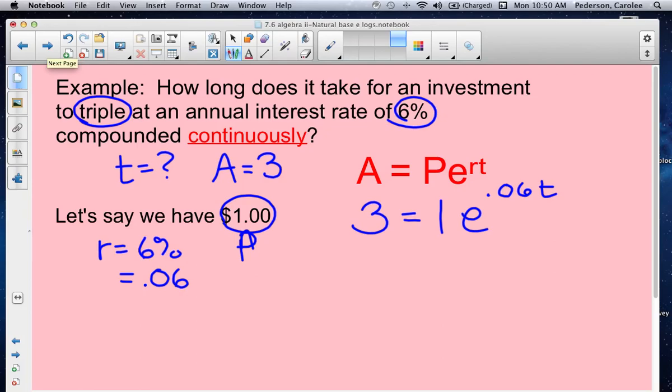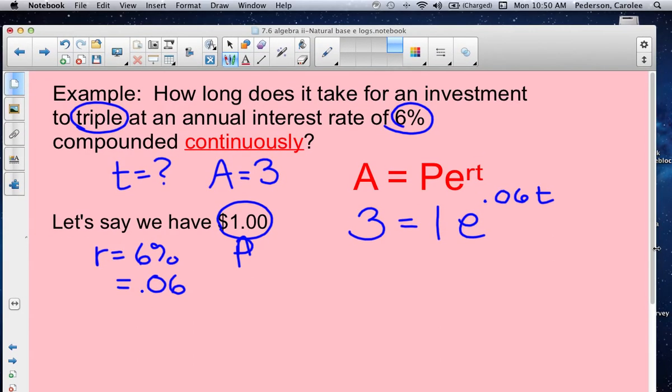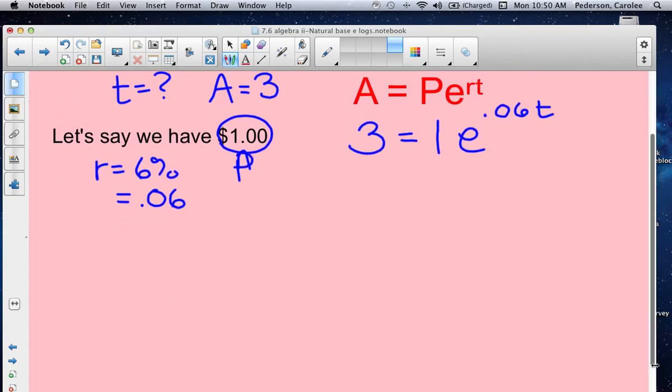What we're going to do is solve this equation for T like we did earlier in our lesson when we were solving it for x. So the first thing we want to do is divide both sides by 1. So we have e raised to the 0.06t. Well, 3 divided by 1 is 3. Now we want to remove that exponent. So we could take the natural log of both sides.